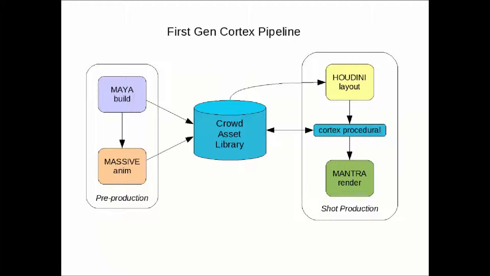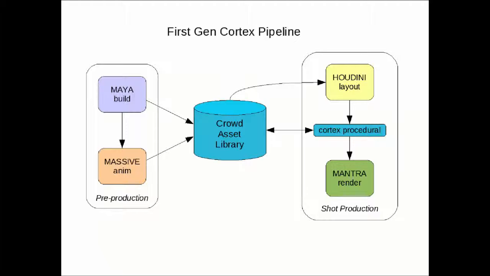So the first thing that we needed to do was to take all of our legacy Massive data and turn that into Cortex format. And then the next thing is to implement the render time procedural to produce the deformed geometry, to replace that Mass BGO plugin with a Cortex procedural.